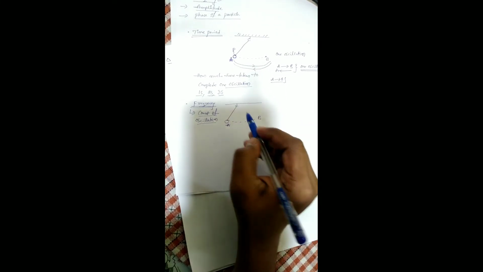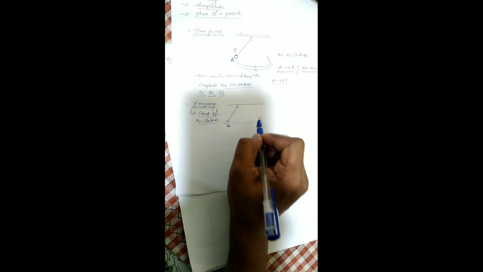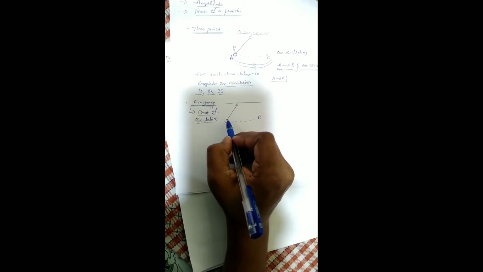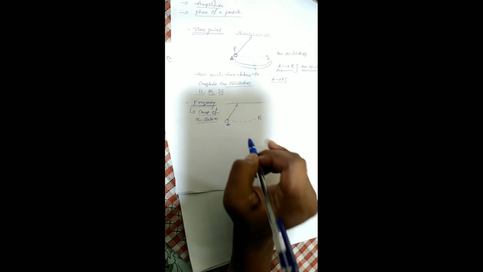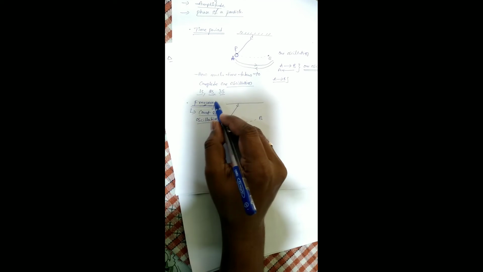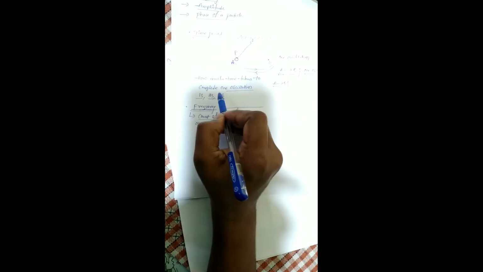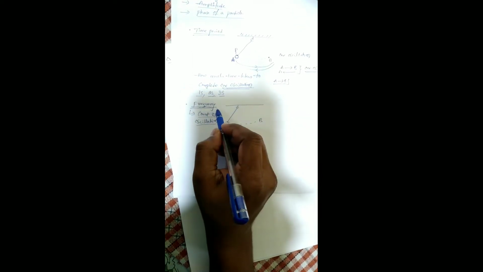What is the meaning of this count of oscillations? The ball moves from A point to B point, and again returns back to A point. To and fro motion of a body we are calling oscillations.